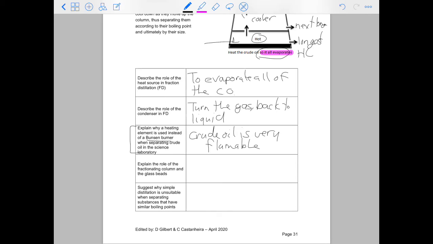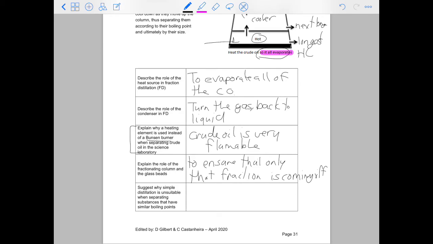So the fractionating column and the glass beads are there to ensure that only that fraction is coming off.